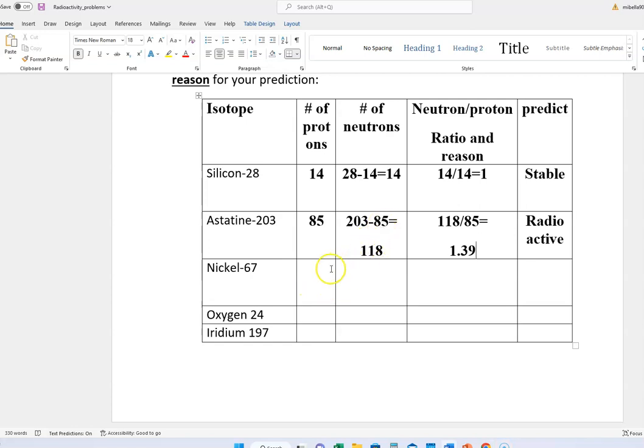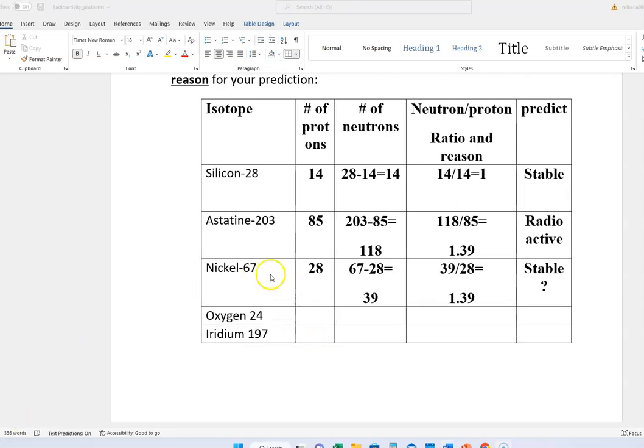All right, let's go back to this. So it's element 28, and since this is nickel 67, the number of neutrons is going to be 67 minus 28. Just to complete this, nickel has 28 protons.